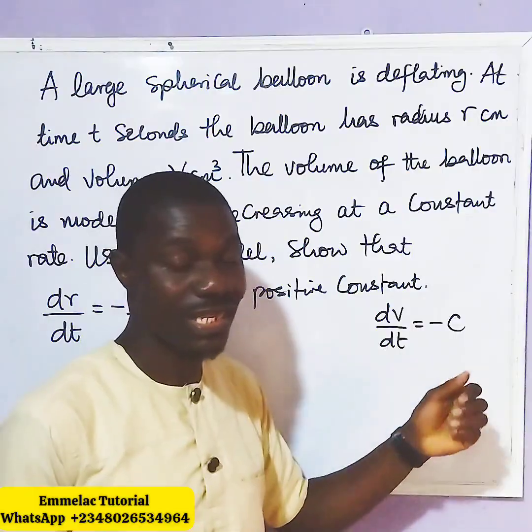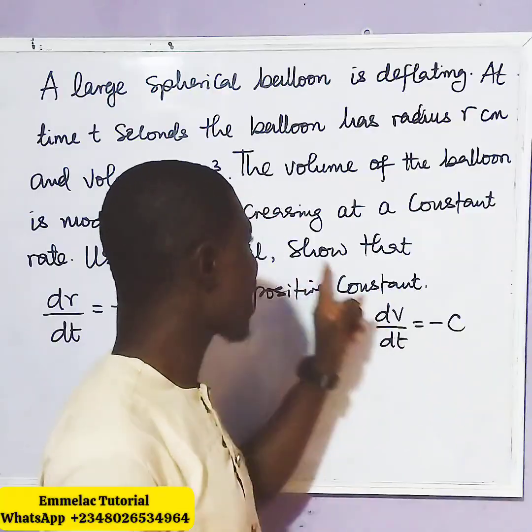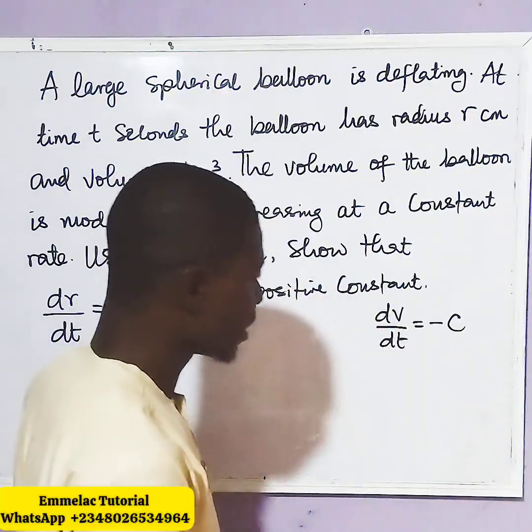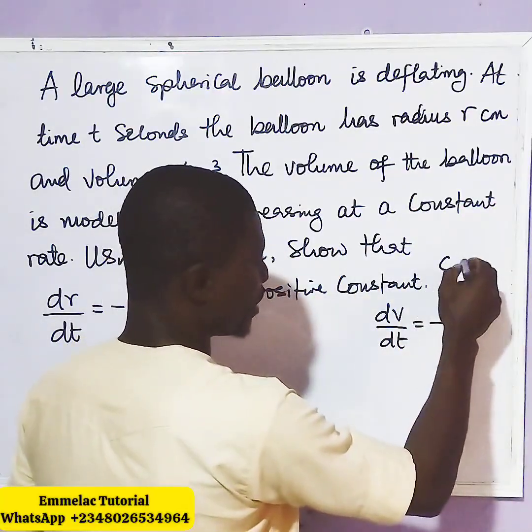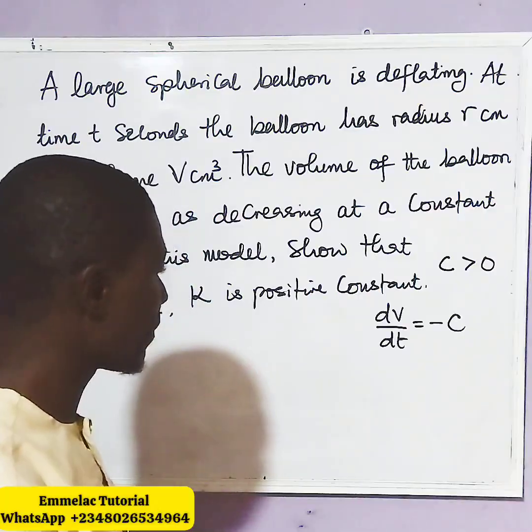So our c here is the constant, and the negative sign implies the decreasing rate. And take note that our c is greater than 0, so our c is positive.